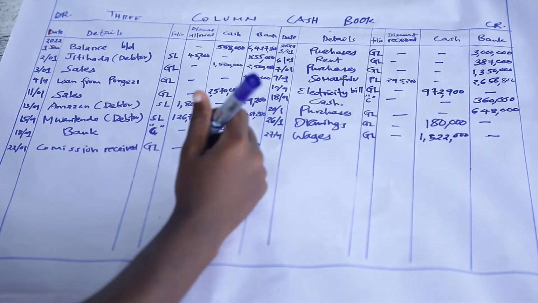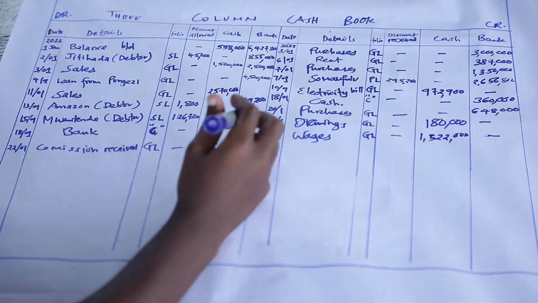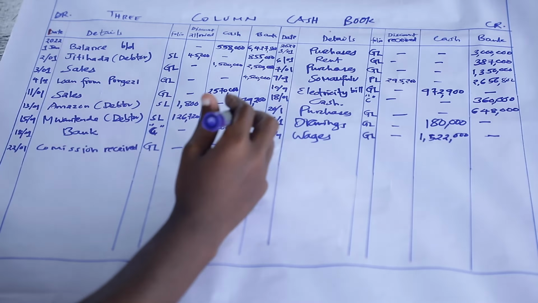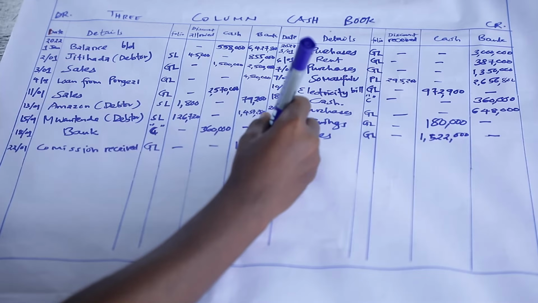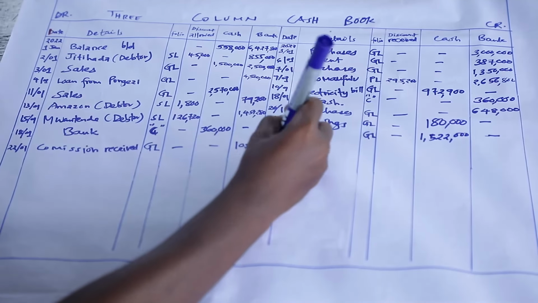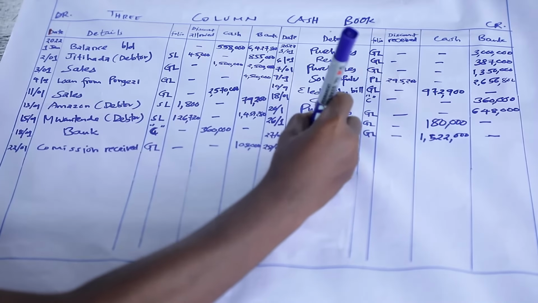So after there, the last transaction be on 28th January, which says I paid 1,635,500 to Ukenyenge on his balance of 1,144,000, having deducted 4,500 cash discount. So on 28th January, paid Ukenyenge.